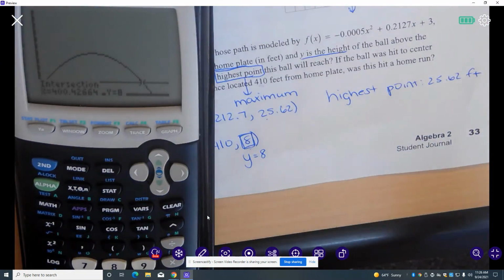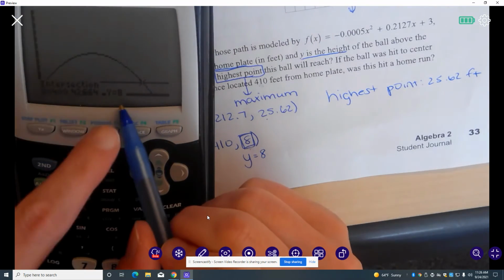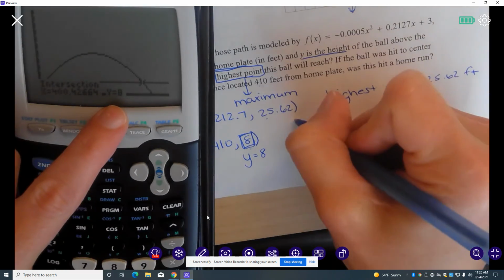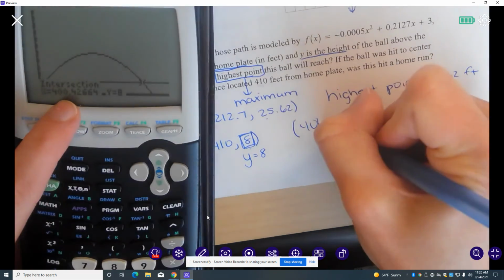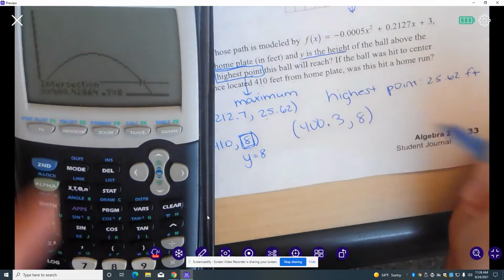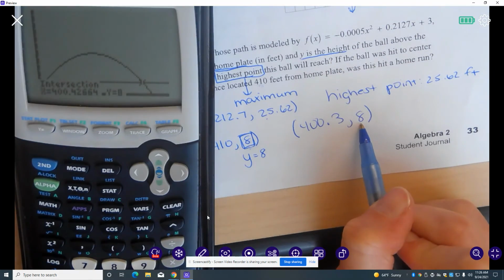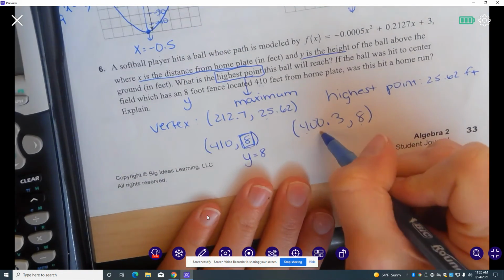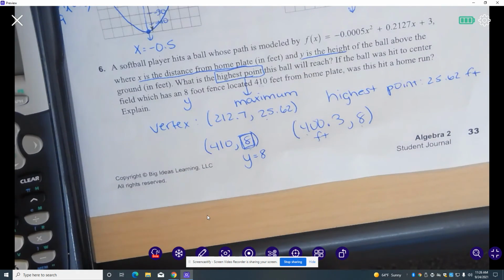Okay. So what this means is when this ball is hit and it's 8 feet in the air, this point is at 400.38. So when it has a height of 8 feet, it is 400.3 feet from home plate.